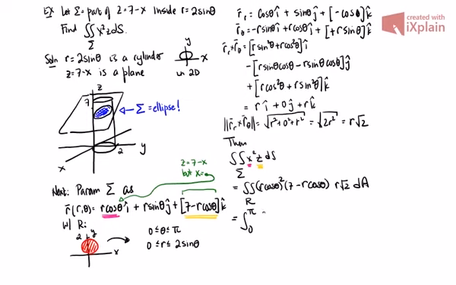So 0 to pi, 0 to 2 sine theta. This probably can be cleaned up, but let's just leave it alone for now. r cosine theta squared, 7 minus r cosine theta, r root 2, dr d theta. And then that just gets evaluated.